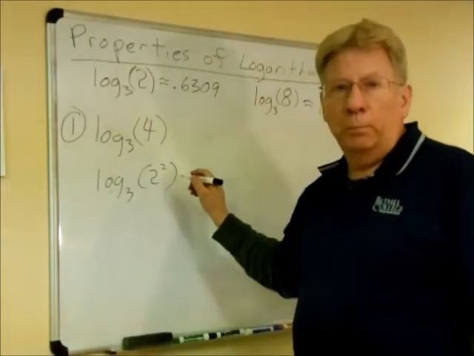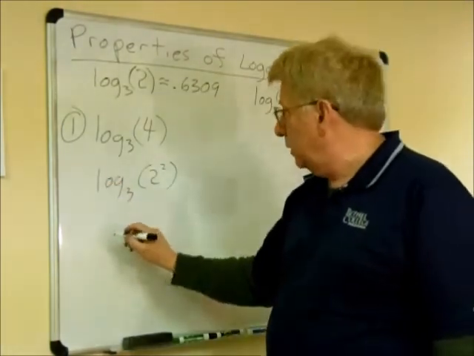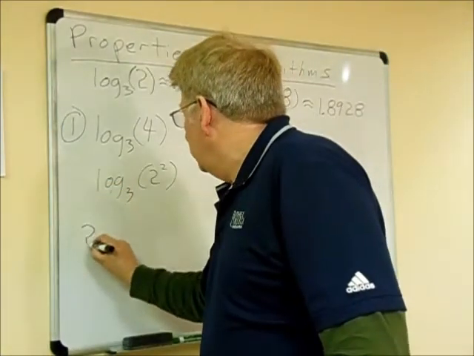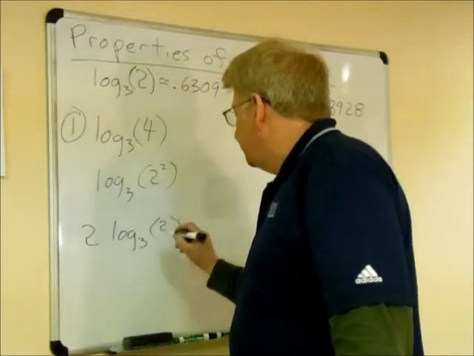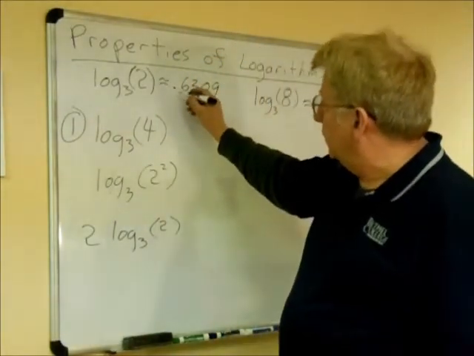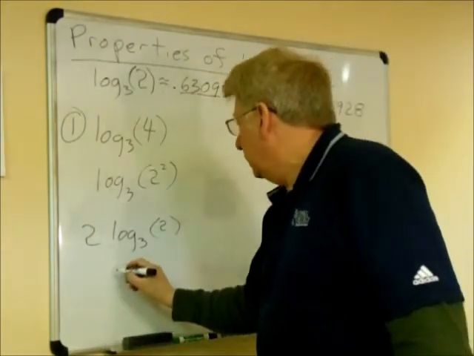Now we had a power property which said we can take the exponent and just pop it to the outside. So we have 2 times log to the base 3 of 2.